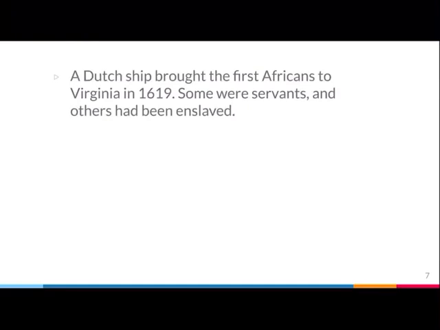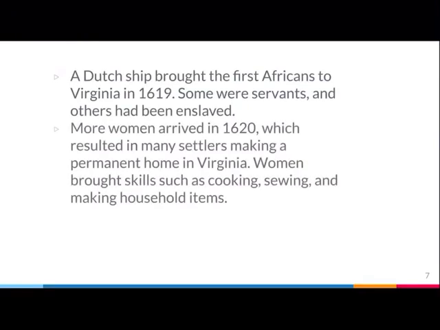And so we start seeing that now come to this New World, America, in 1619. Some were servants and others had been enslaved. And we'll see later on how much that had grown since 1619.